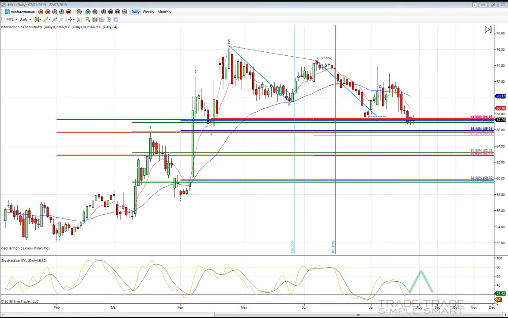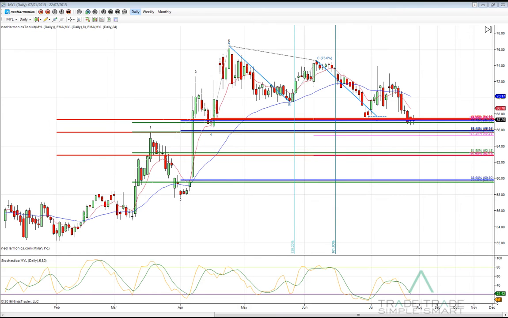For those of you that trade the AB equals CD pattern, you will know that it's a high probability reversal pattern, and generally once we've seen a 100% price move of the AB leg, we can expect a reversal once we have received some type of valid entry trigger.